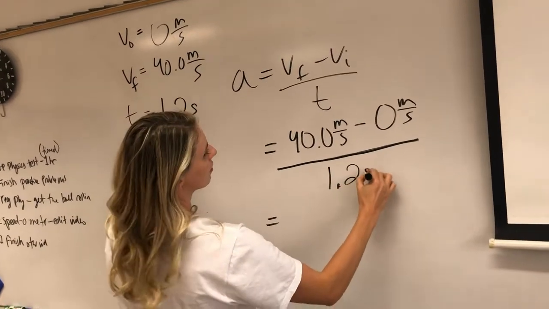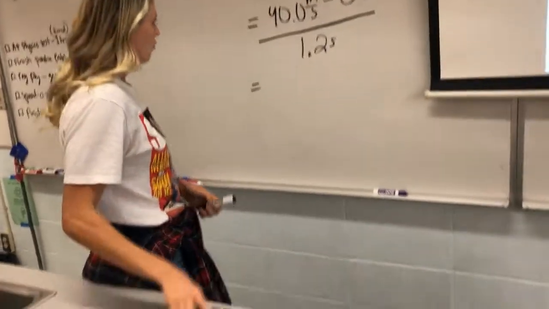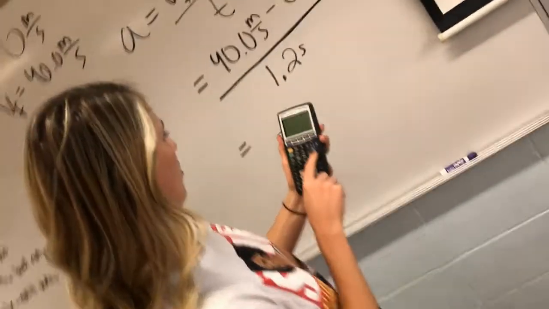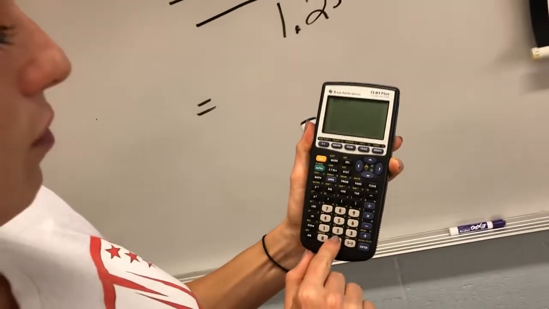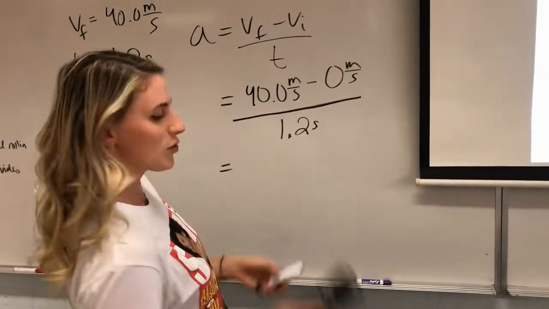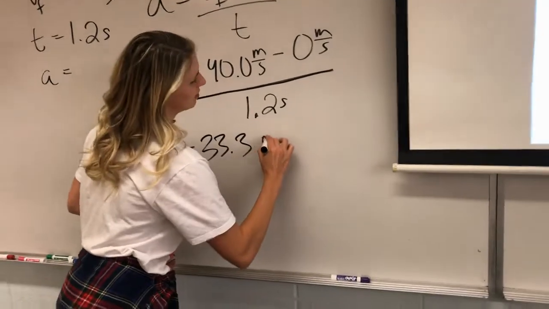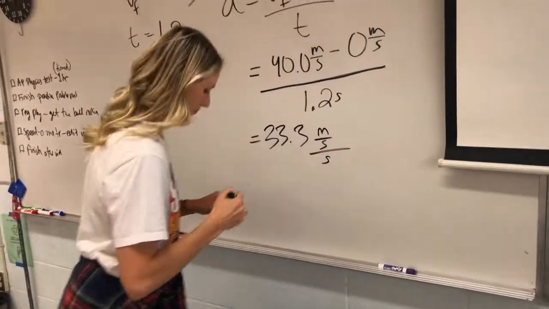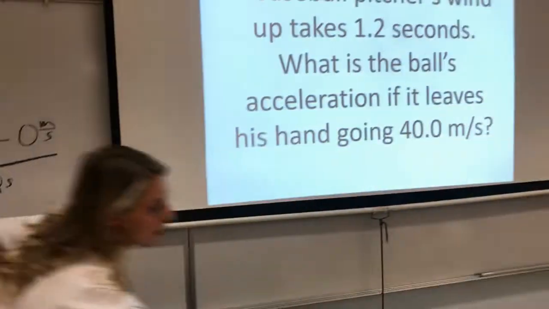It's coming, I promise. We'll have to mix that up. Okay. 40 divided by 1.2, and I get, drum roll please, 33.3 meters per second. This stuff is easy.